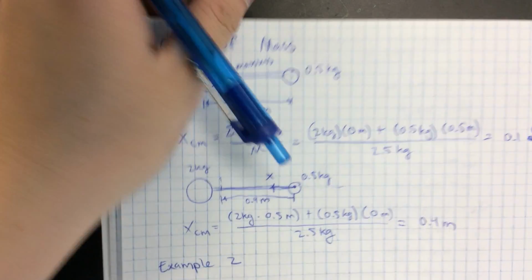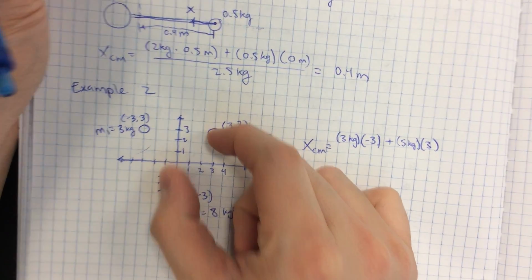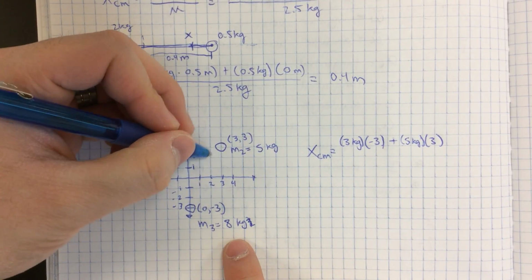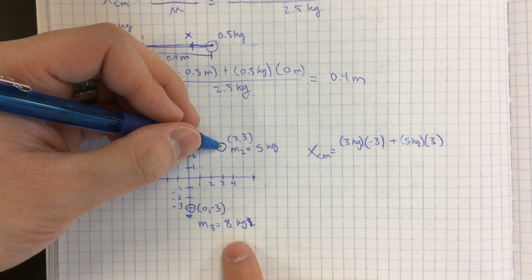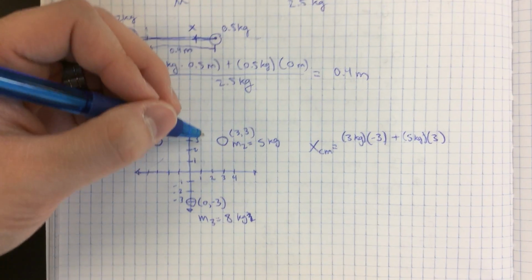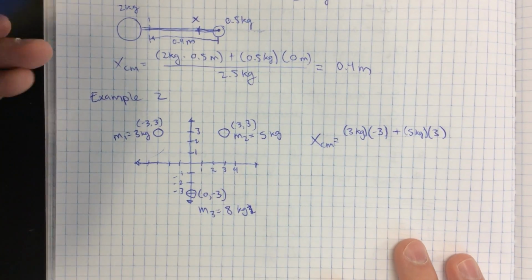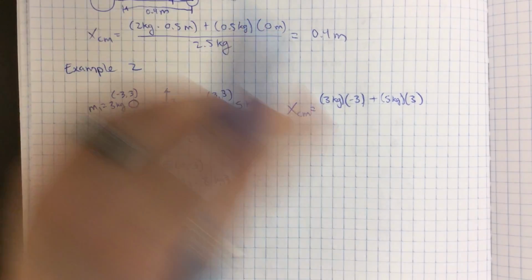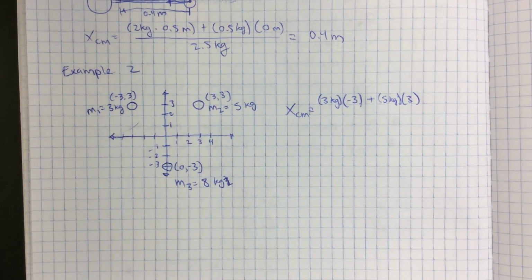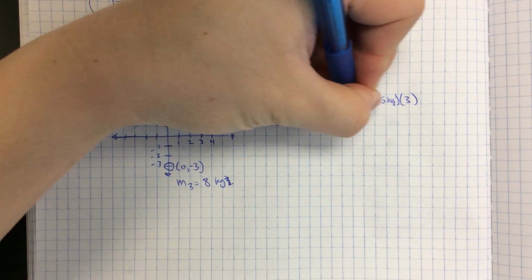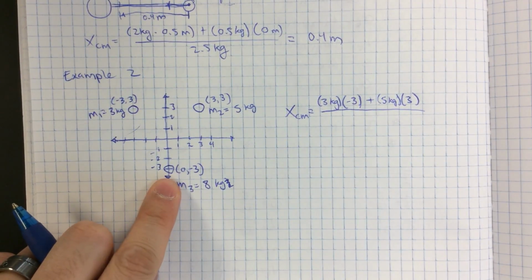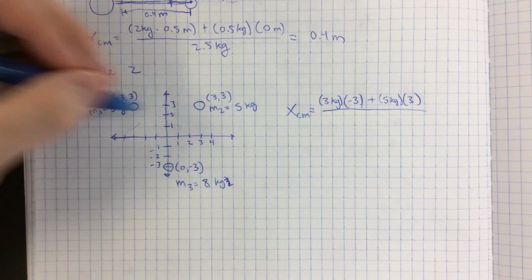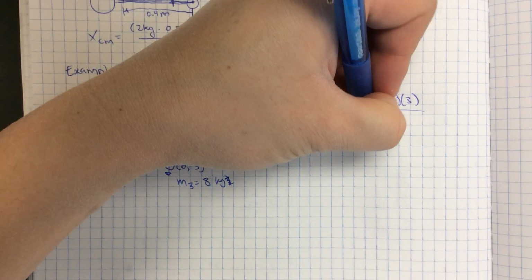So you don't actually have to find the full distance, because you have to break it down into its components if you're trying to find center of mass. So right now we're just trying to find the x location of the center of mass. So we're just doing the x coordinates. And you'll see I left out this one because it's 0 in the x direction. And then the total mass is 16.